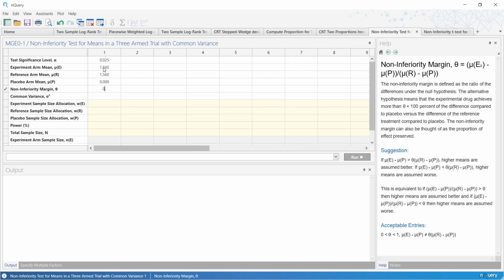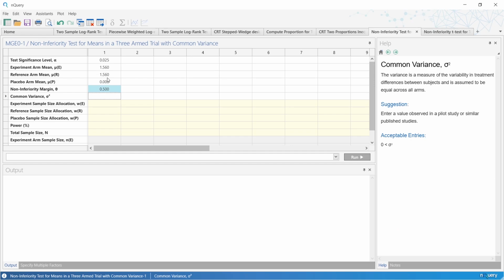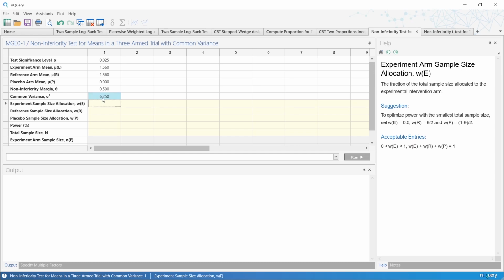The non-inferiority margin is 0.5, so we're saying if the experiment arm had at least 50% of the reference effect over placebo, we'd be happy to say it's non-inferior. And then a common variance of 6.25. So standard deviation is what they gave in their statement, but this is the variance, which is obviously just the standard deviation squared. So 2.5 squared is equal to 6.25.